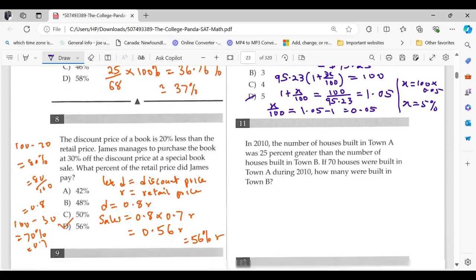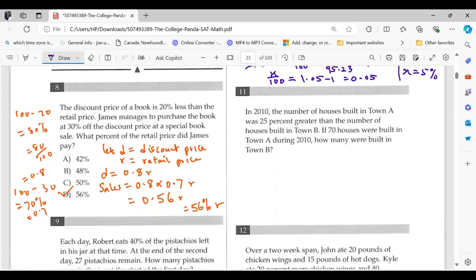Number 11. In 2010, the number of houses built in Town A was 25% greater than the number of houses built in Town B. Let's write it this way: A is 25% greater than the number of houses in Town B. 70 houses were built in Town A, so we have 70 here.